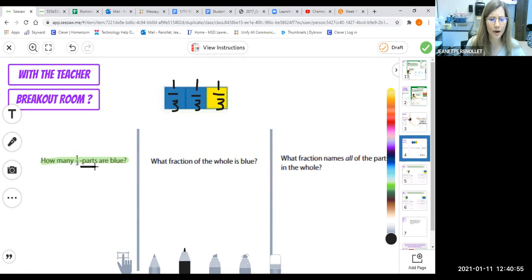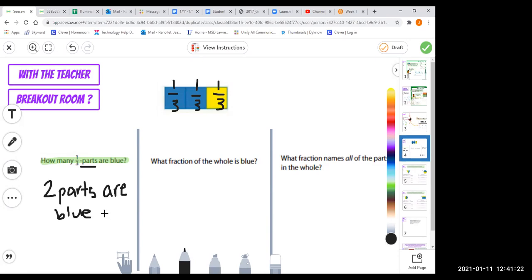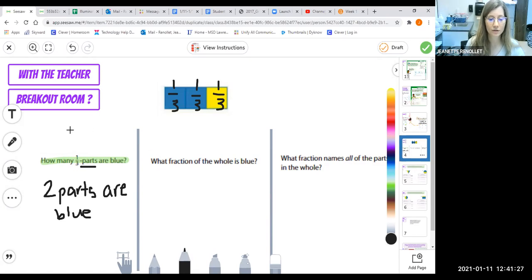So how many parts are blue? I count 1, 2 parts are blue. 2 parts are blue. You may type it if you prefer. 2 parts are blue is the first answer to our question.